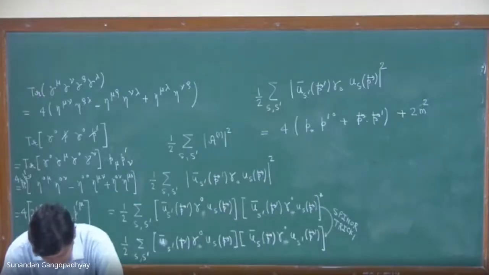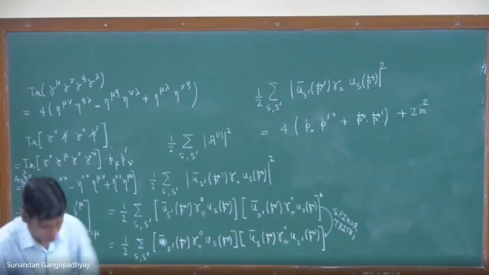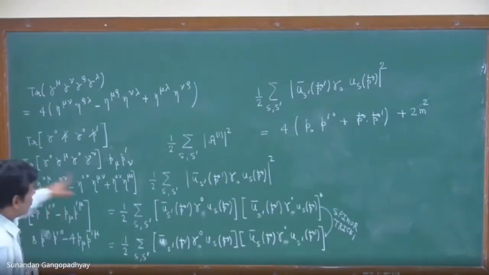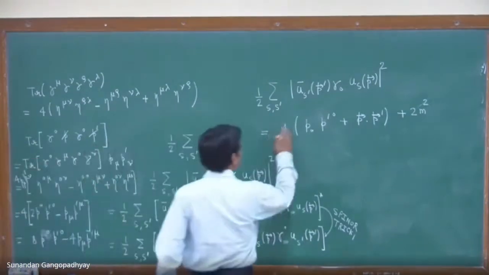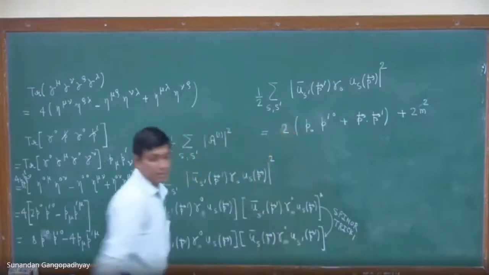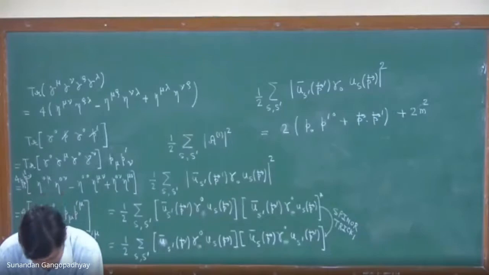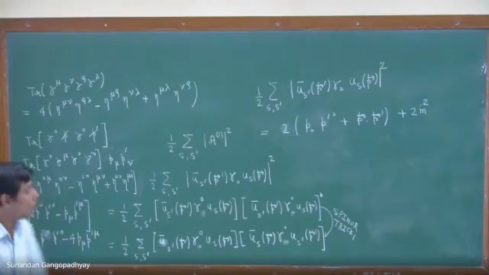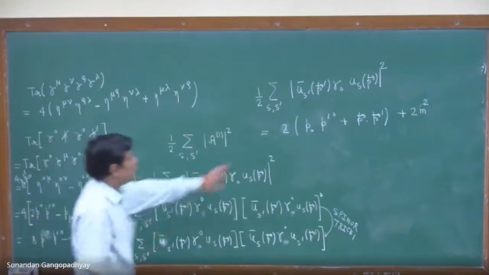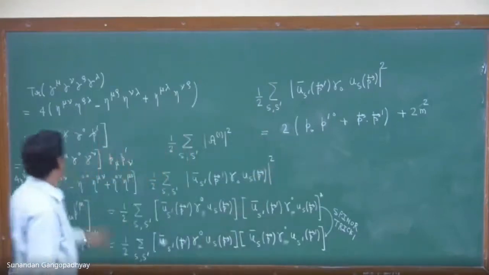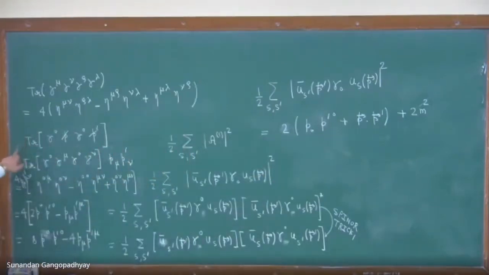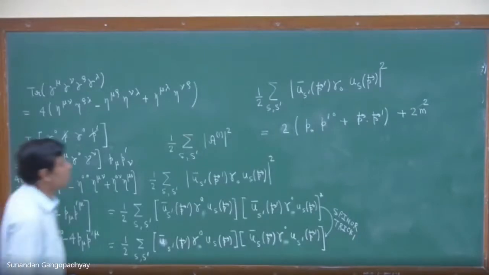That will be 4m square, I guess. Just a minute. Half, okay, so this factor will be 2, right? I just forgot to divide this factor by 2 because this is a trace, but there is a half division by 2 here.